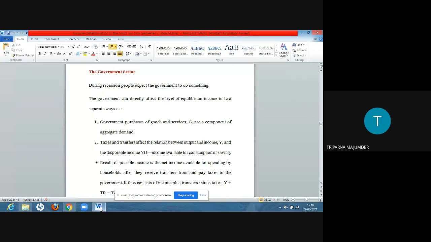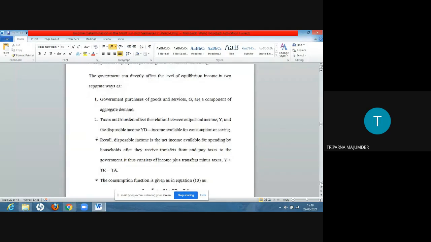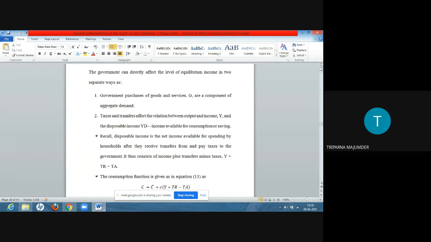You may recall it is income available for consumption or saving. Now recall, disposable income is the net income available for spending by households after they receive transfers and pay taxes to the government. It thus consists of income plus transfers minus taxes. That is Y plus TR minus TA.